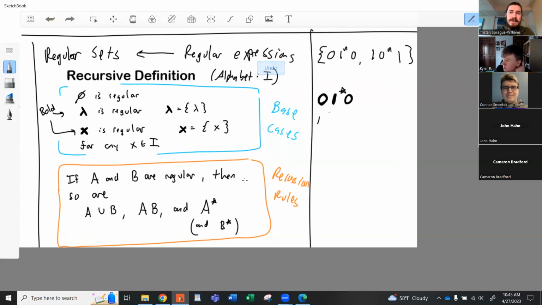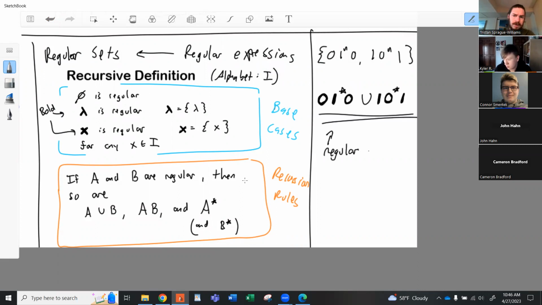And then we're combining them using the concatenation operation here and here. And this 1 star is a Kleene closure, which means that it could be lambda, or 1, or 11, or 111, or anything like that. And then we have all of those unioned with the other set of possible things, which is 1, 0 star, 1. Like that. And that is a regular expression which defines a regular set.